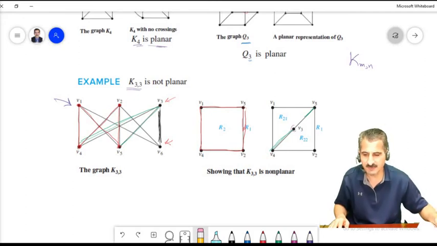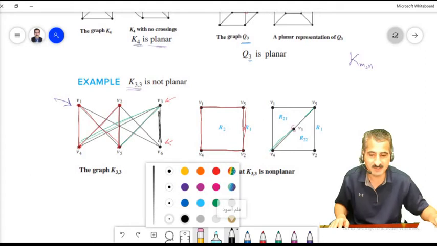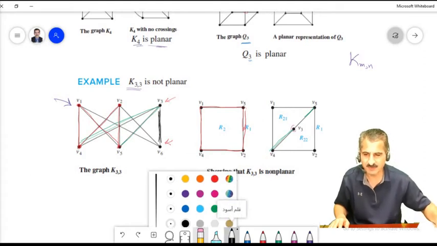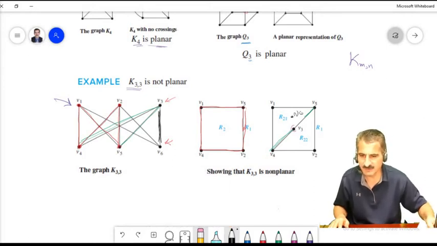So where else shall we think to draw V6? Maybe inside the square, right? So let's say it comes here, V6. Then V6 is connected to V1, and we can do it, V1 to V6, and V6 is connected to V3.